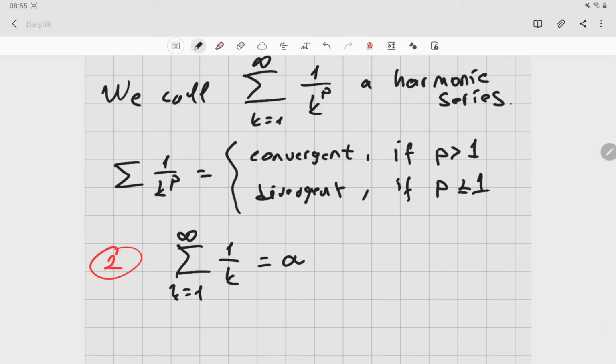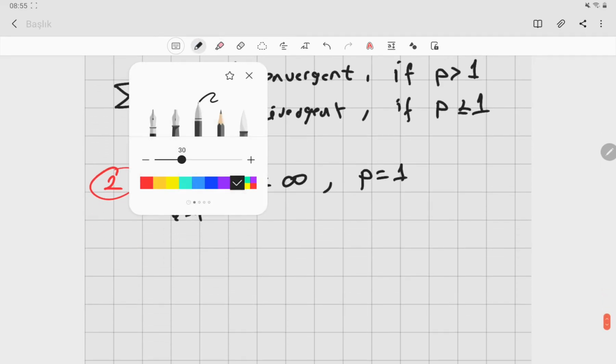Yes, this is infinity because P equals 1. Another example.